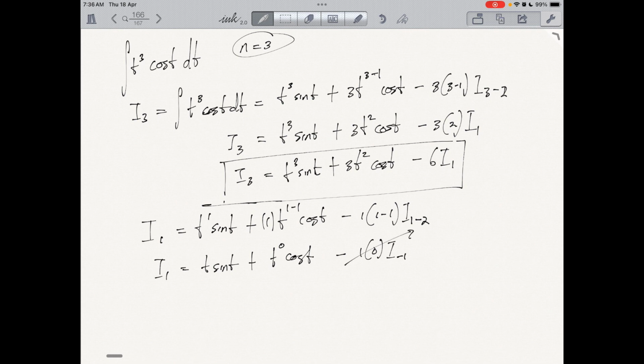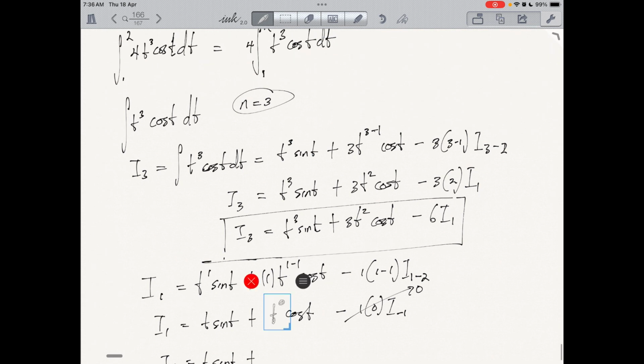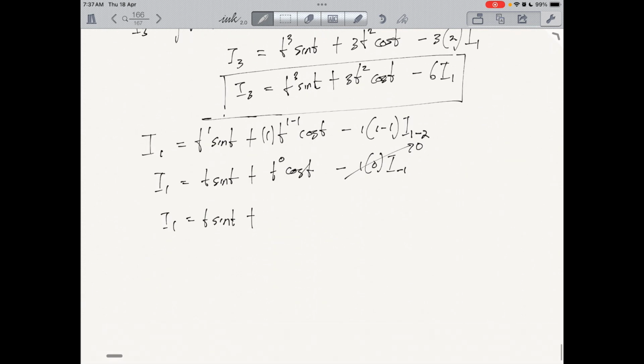So this will tend to 0, and since t^0 is 1, we have I_1 is equal to t sin t plus cos t. Now we have an expression for I_1.